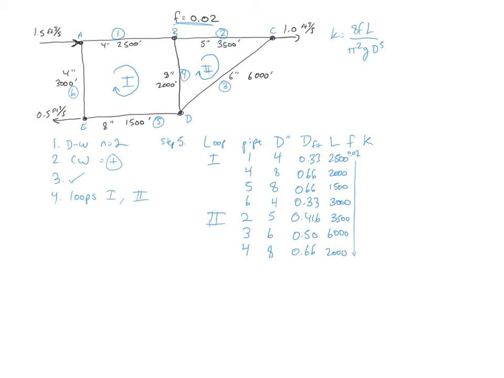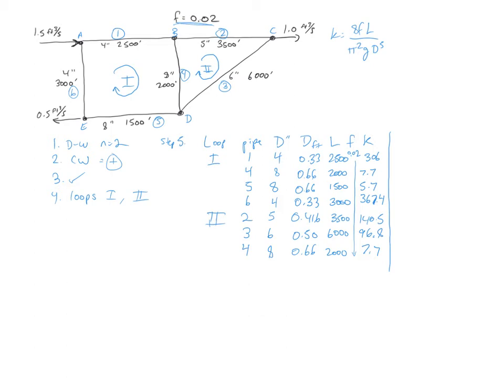But K winds up being for pipe 1, 306. For pipe 4, it's 7.7. Pipe 5 is 5.7. Pipe 6 is 367.4. Loop 2, pipe 2, 140.5, 96.8, and 7.7. Okay, we're done with step 5.